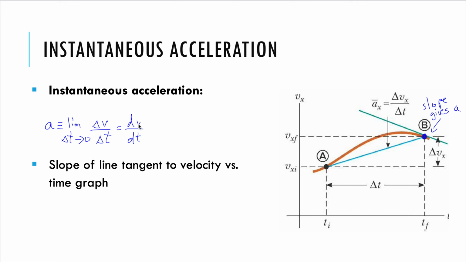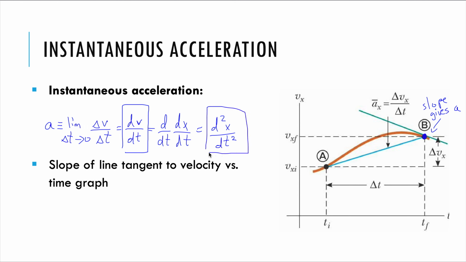We can also write this in terms of position because we know that this is equal to the derivative of v, and v is dx dt. So we can also write this as a second derivative of the position. So whatever is more useful to you, if you're given the velocity, you can differentiate it to get acceleration, but if you're given the position, you can differentiate it twice to get the acceleration.